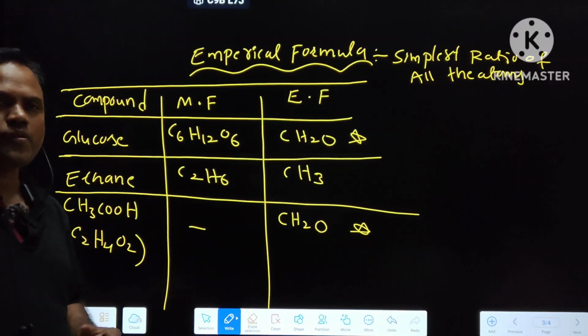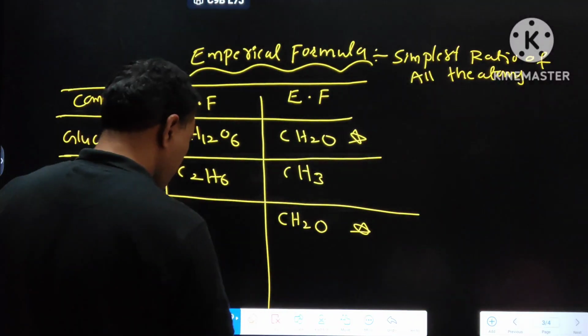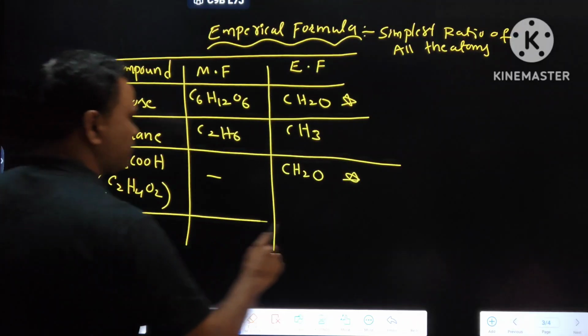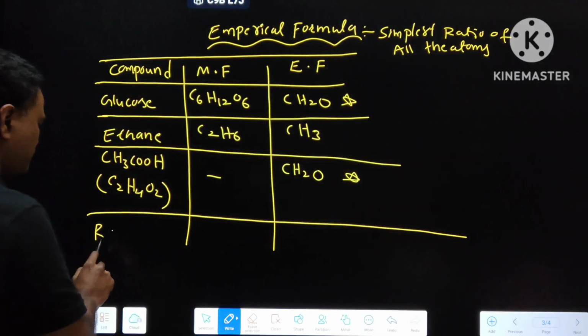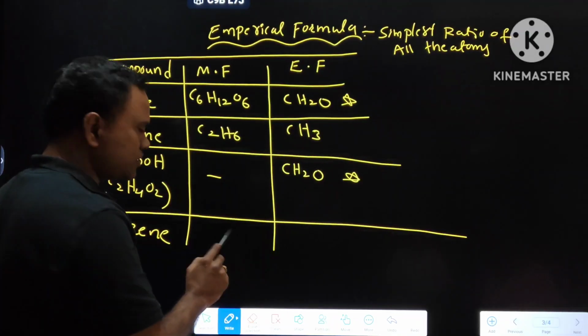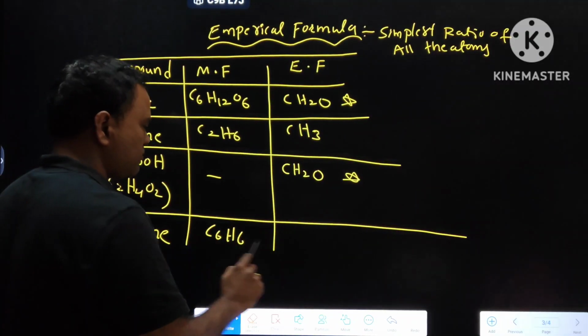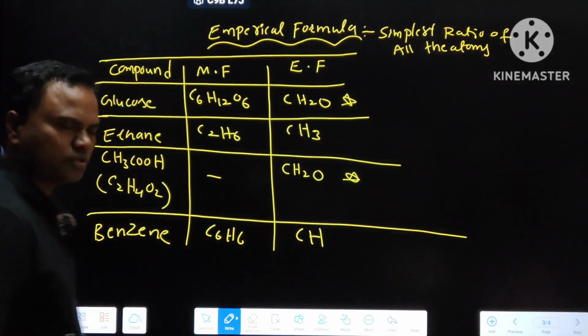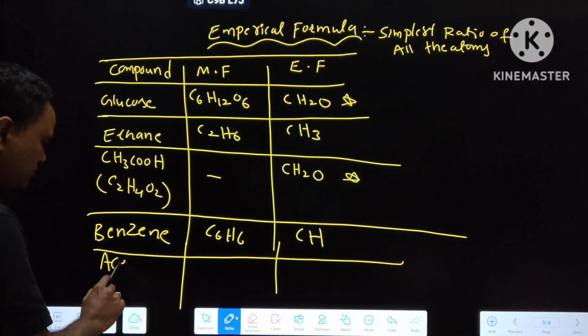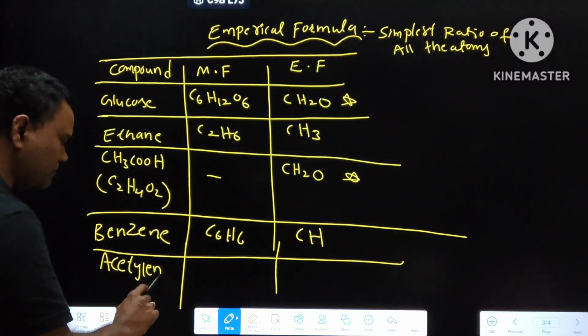Similarly for benzene, what is benzene formula? C6H6. Empirical formula CH. I'll ask you one question. Acetylene. What is acetylene formula, Gayatri?